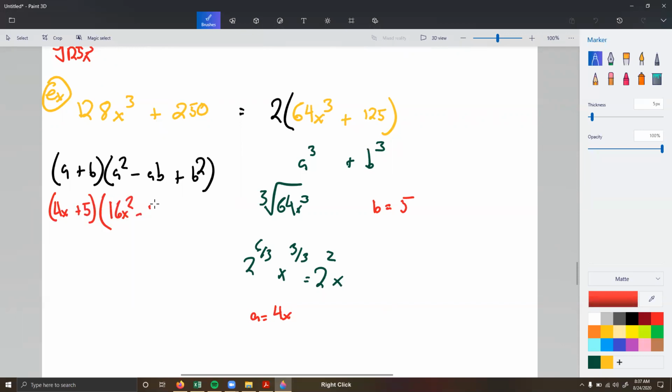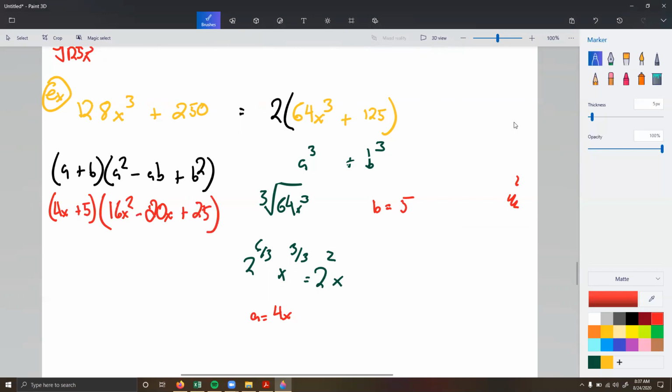So 20x. Oh, it's doing this again. Nope. And we're back. There we go. And then plus b squared, and that's going to be 25.